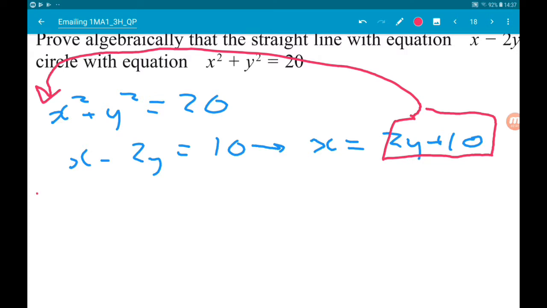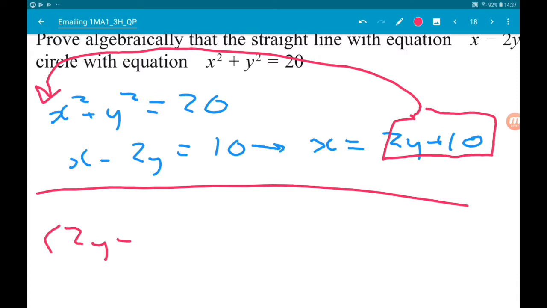So instead of having x squared, we're going to have 2y add 10 squared, add y squared is equal to 20. Now we have an equation purely in terms of y that we can solve to find any y solutions.